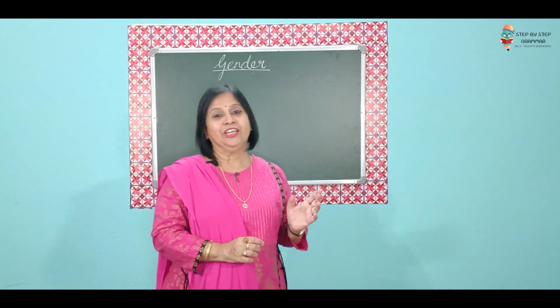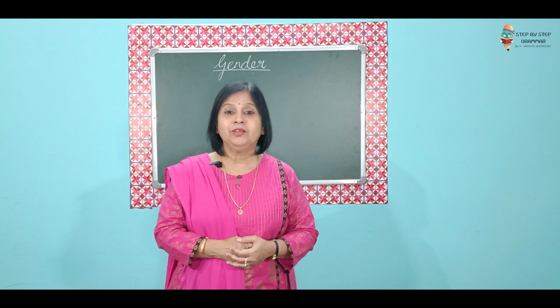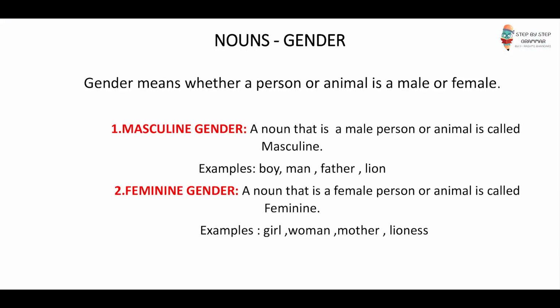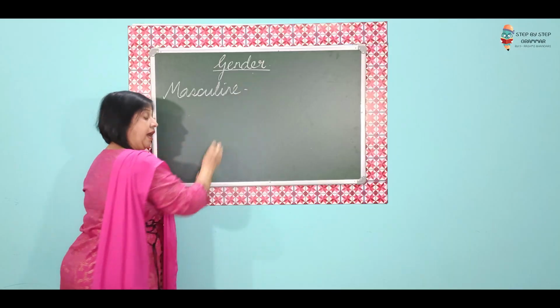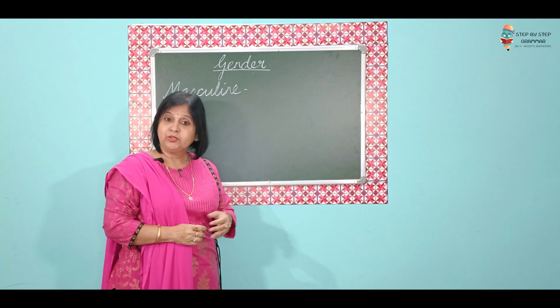Hello everyone. Our topic for today is gender, or what we commonly refer to as masculine or feminine. Masculine gender: anything that is a male animal or a person is said to be in the masculine gender.